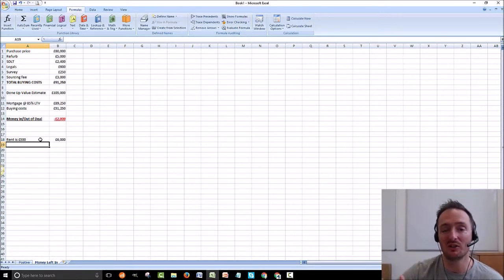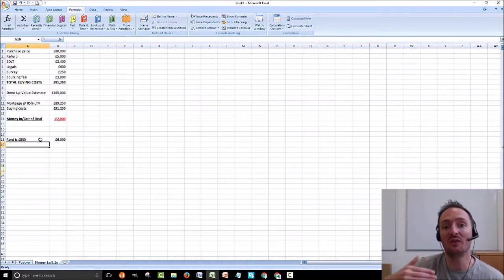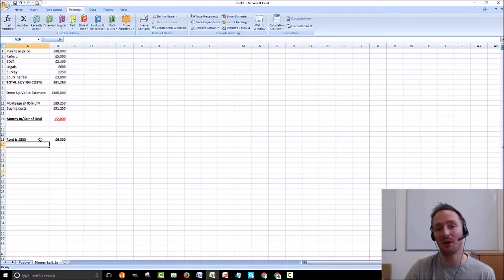Remember, this is gross, this isn't your net rent. You can work out your net rent as well, but it's a 33.33% return on investment. So effectively your £2,000 is generating 33% interest per annum based on getting £500 a month.